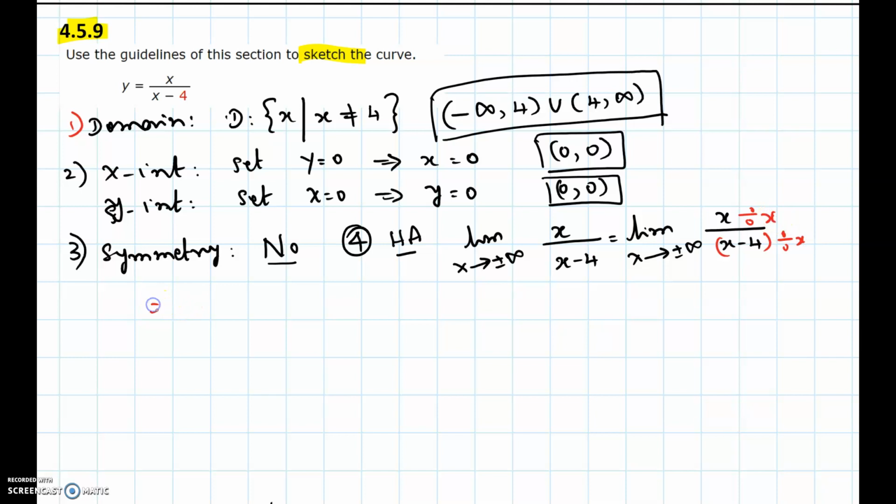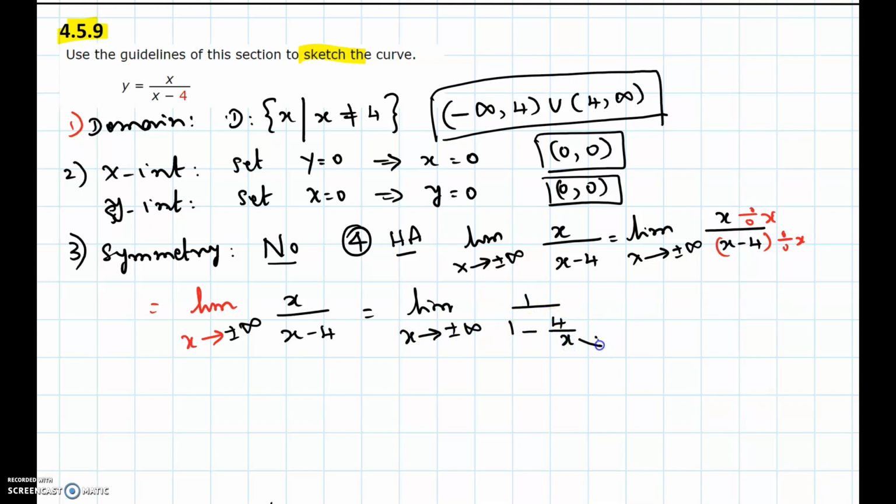It will become the limit as x approaches infinity or negative infinity of x over x minus 4, x divided by x, that would be 1, over 1 minus 4 over x. And 4 over x, with x a large number, 4 over infinity will become 0, so this is equal to 1. This tells us the horizontal asymptote is y equal to 1.